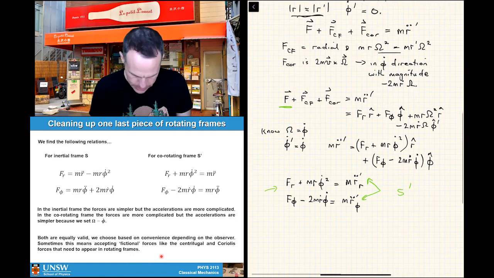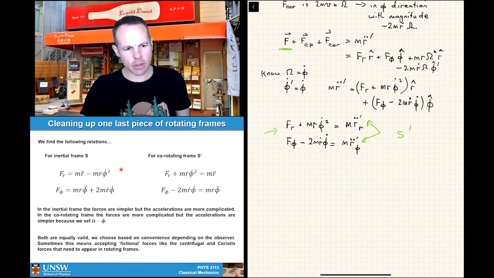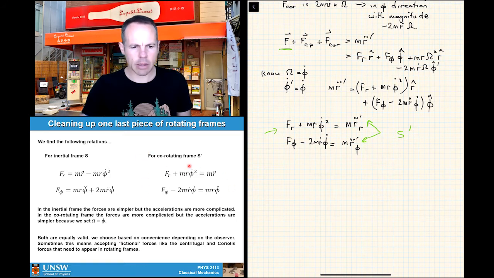So for our inertial frame, we worked out something that looks a little bit like this. And this was just doing a transition from Cartesian coordinates to polar coordinates. Then if we think about our co-rotating frame, what we get is something that looks like this from the logic we just did, okay?